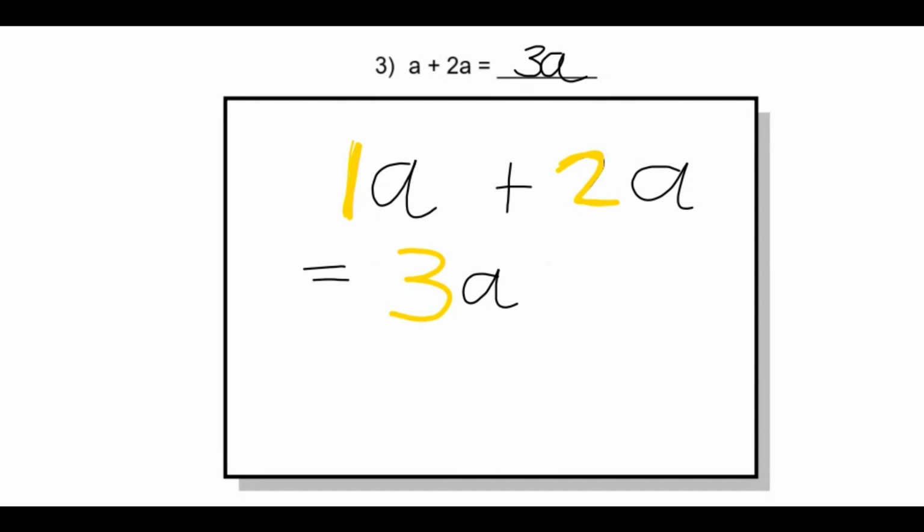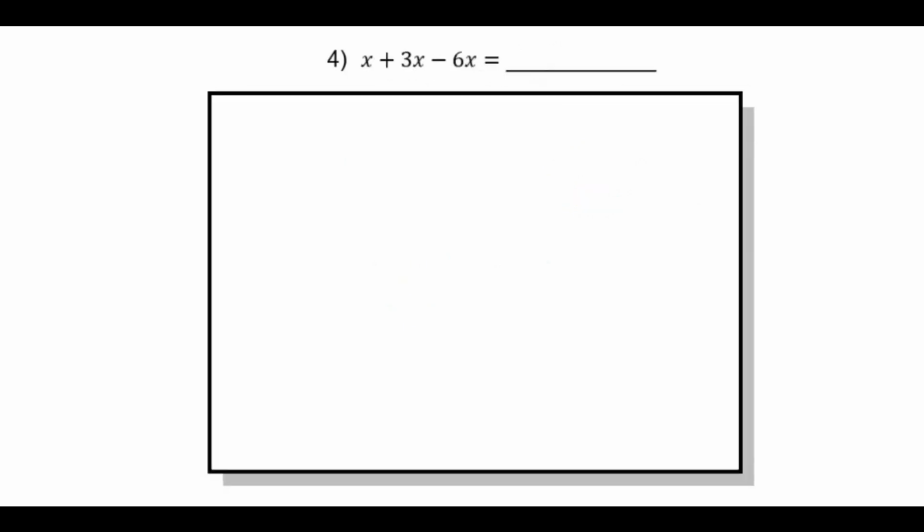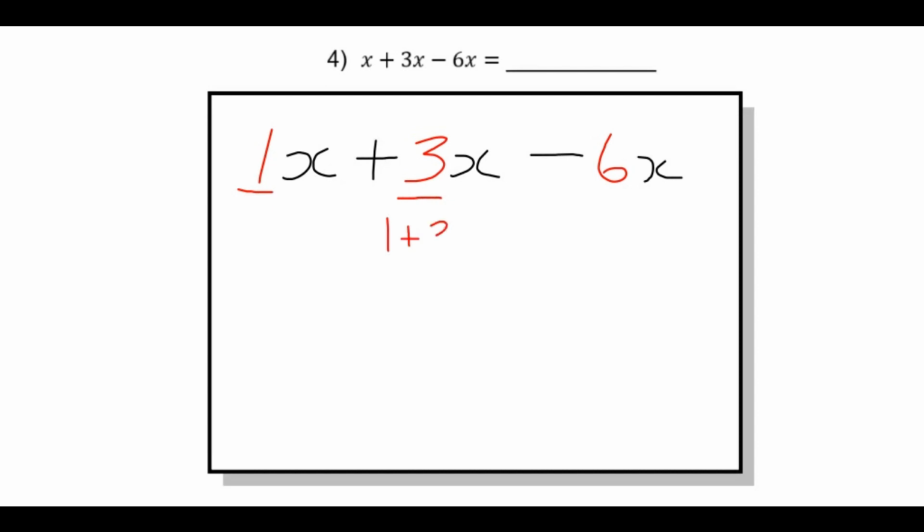Okay. Let's look at question 4. Now we're using the variable x. Once again, it'll be 1x plus 3x minus 6x. I'm going to work with the coefficients. 1 plus 3 minus 6.